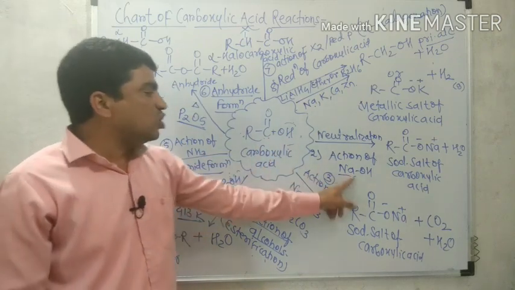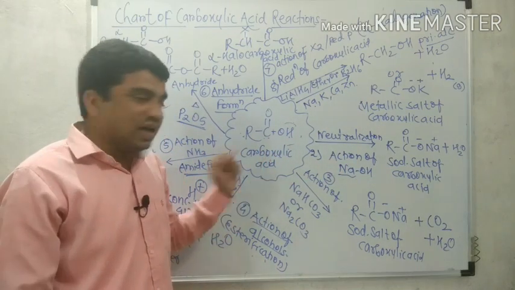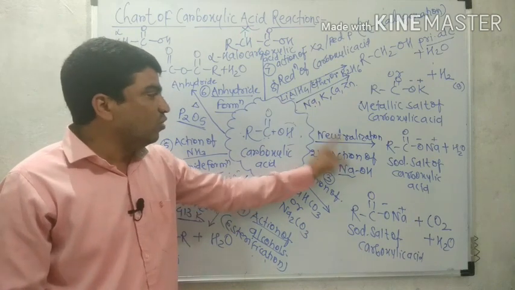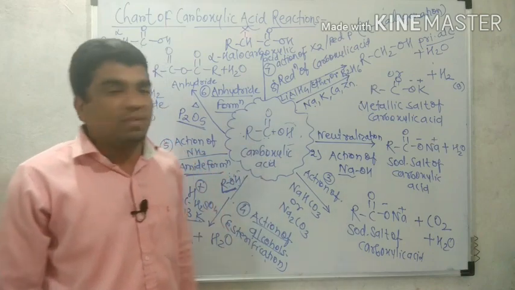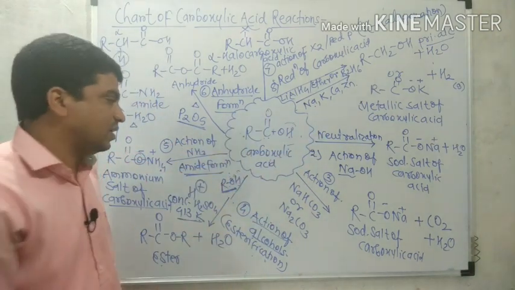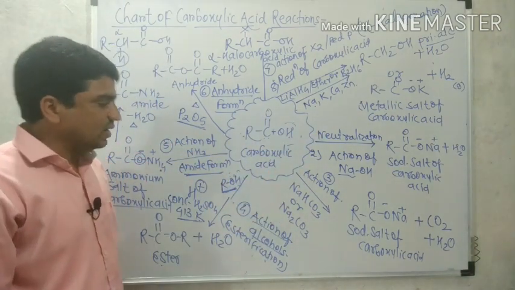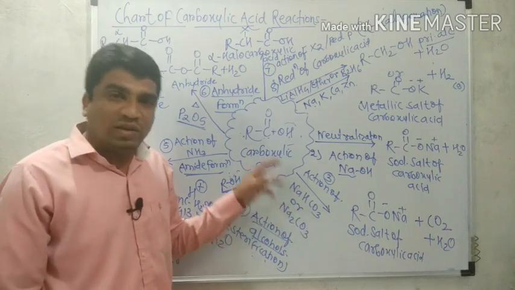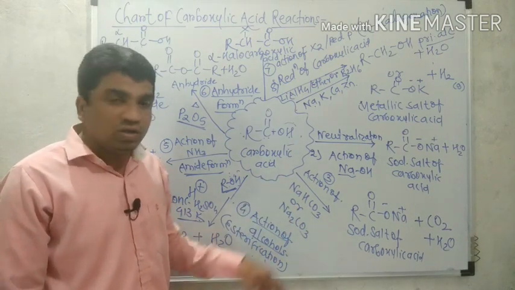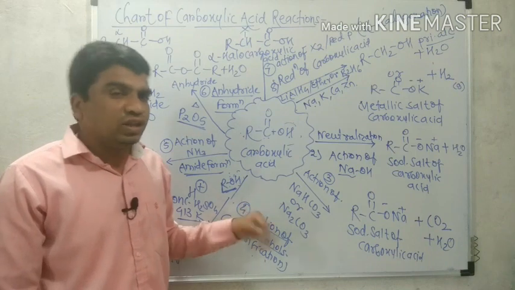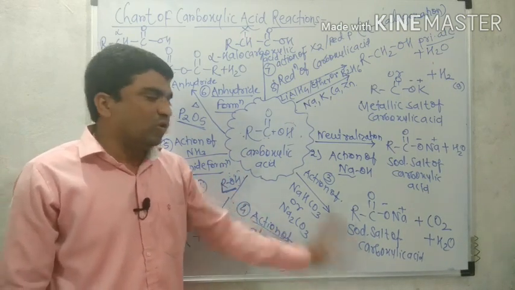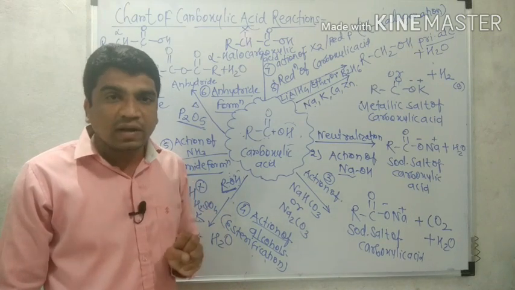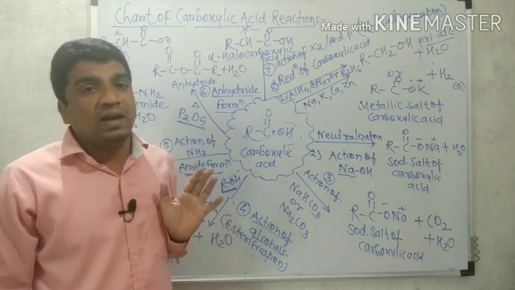Now, what is the action of NaOH on carboxylic acid? The reaction is called neutralization. Here the reaction gives sodium salt of carboxylic acid with byproduct water. Now, third reaction, that is action of either sodium bicarbonate, NaHCO3, or sodium carbonate. In both reactions, we obtain sodium salt of carboxylic acid as main product with byproducts carbon dioxide and water.